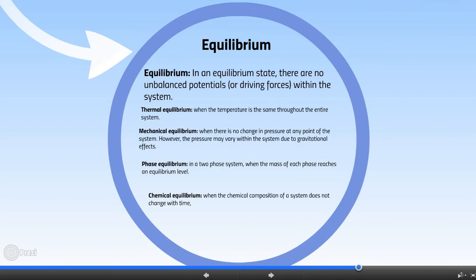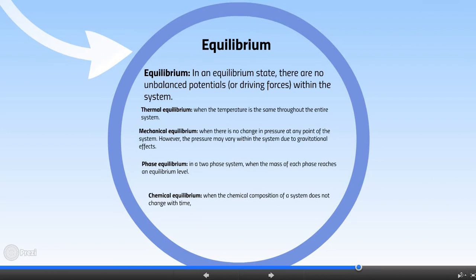In an equilibrium state, there is no unbalanced potential or driving force within the system, and a system in equilibrium experiences no change when it is isolated from the surroundings. There are many types of equilibrium, and a system is not in equilibrium unless the conditions of all relevant types of equilibrium are satisfied.